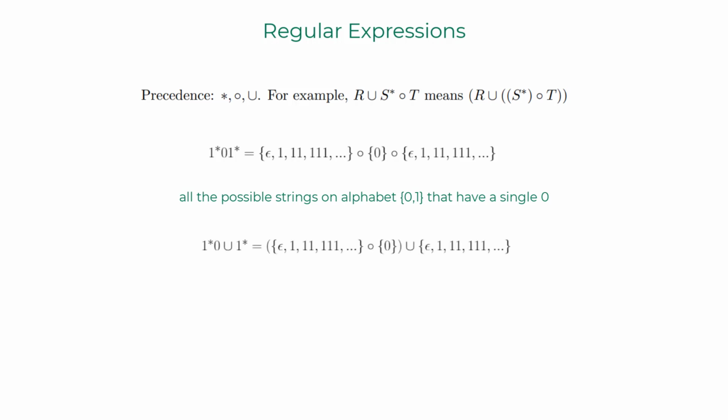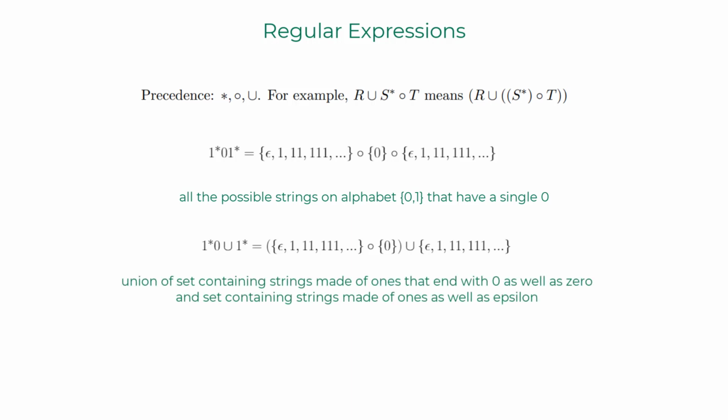Similarly, in this example, you would evaluate both the 1 stars followed by the concatenation and then the union. And here is the description for this particular language. It would be the union of the set containing strings that end with 0 and the set containing strings made of 1s, which also includes the empty string.